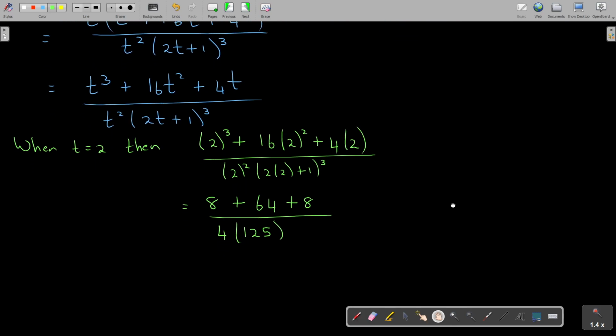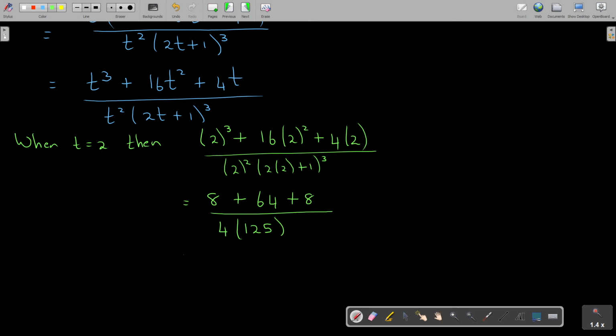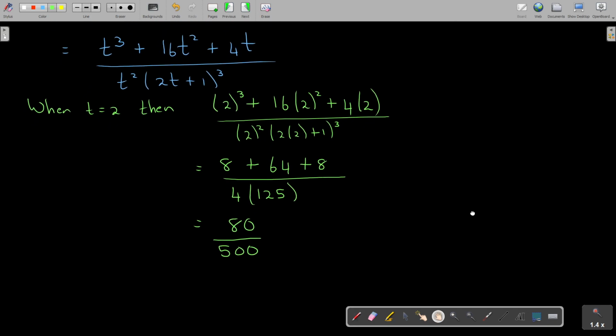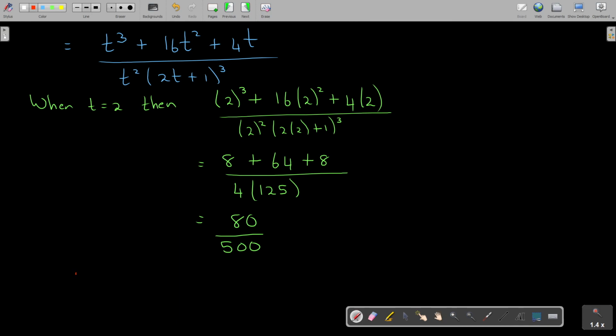And if I simplify this further, I'm going to get 80 over 500. And now I end up by saying, okay, therefore, d squared y over dx squared is bigger than 0.